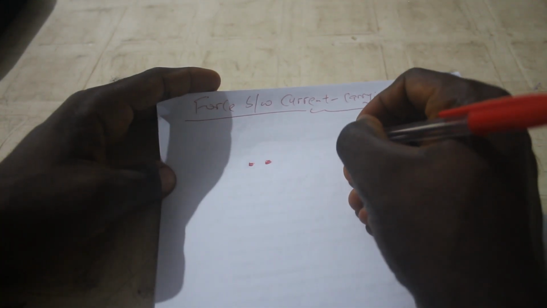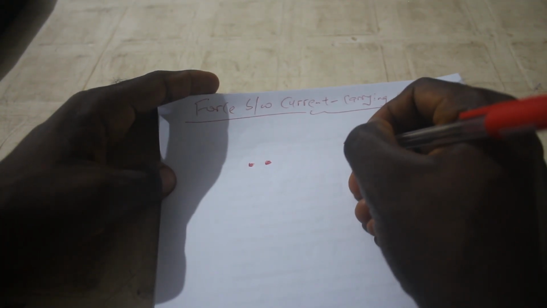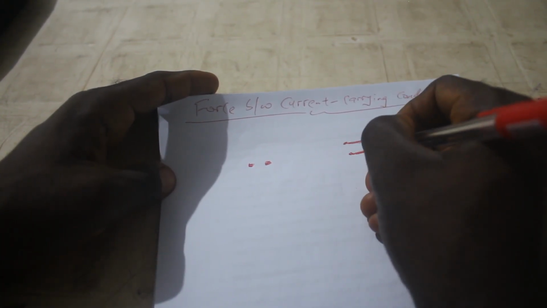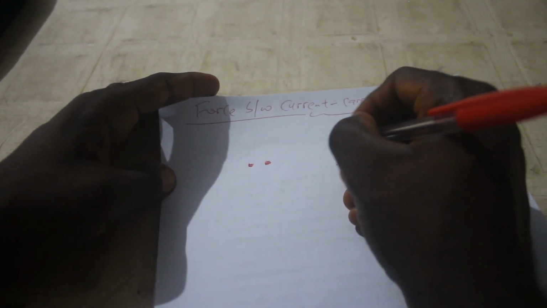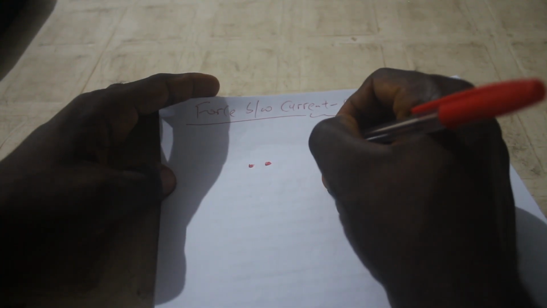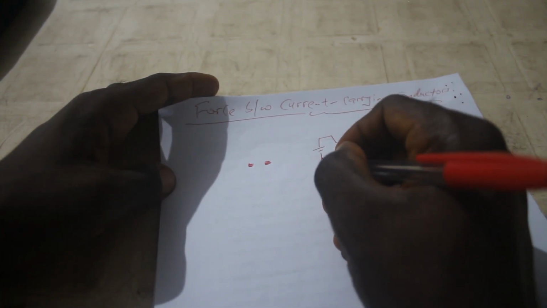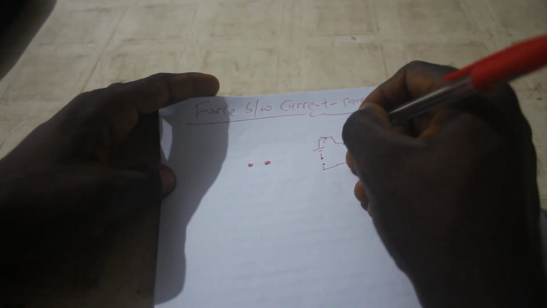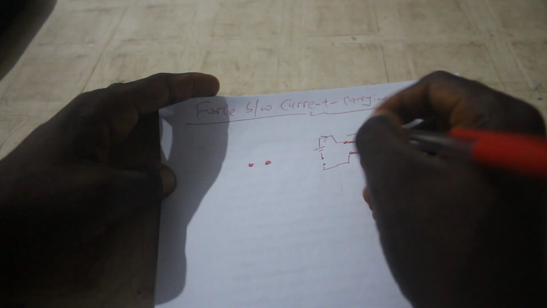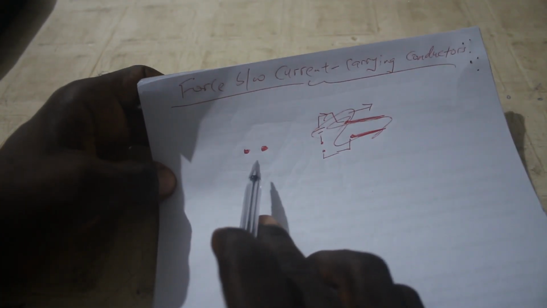Okay, now let me see. We have two conductors this way. You're passing current through them in the same direction. Okay, let's say we have two conductors placed side by side.